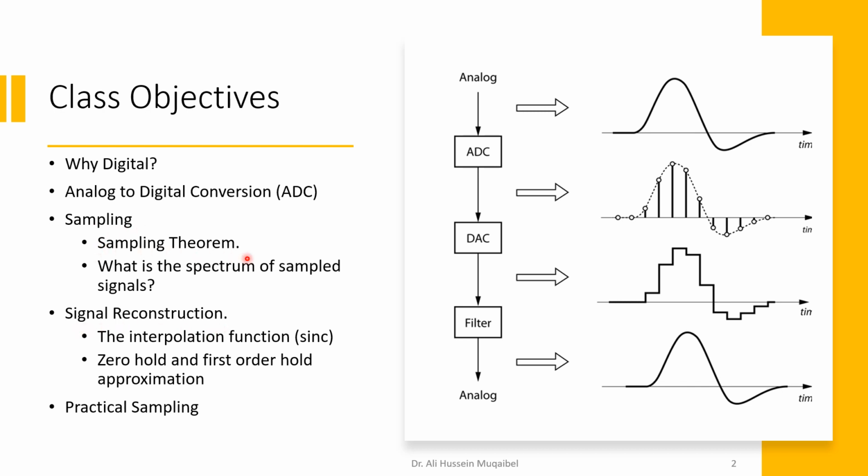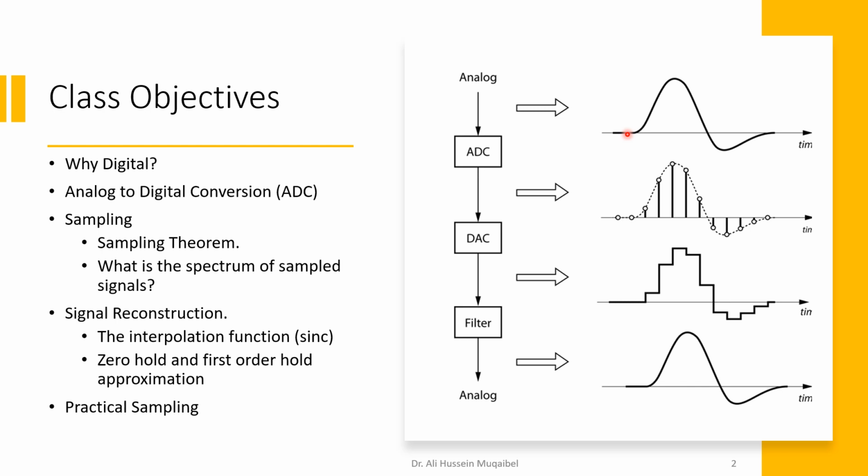We'll cover the sampling theorem, Nyquist sampling theorem. What is the spectrum of a sampled signal? That's a very important topic. And then we'll look at how we reconstruct the signal. We'll look at the interpolation function and the zero hold and first hold approximations, how to get the signal back. We'll also address some practical issues related to sampling and signal reconstruction.